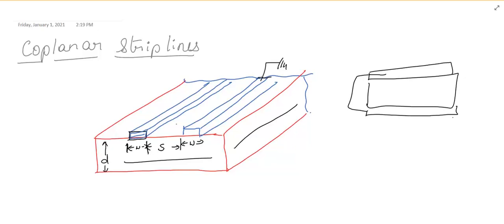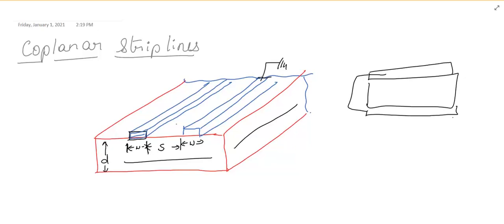It helps in microwave integrated circuit designs. Because of this, the reliability increases, the reproducibility is also enhanced, and the production cost reduces in case of coplanar strip lines.